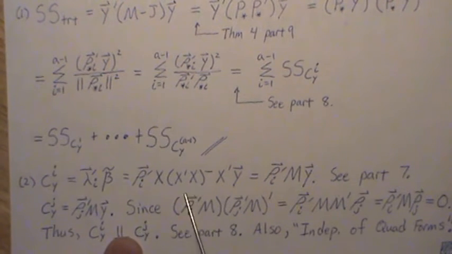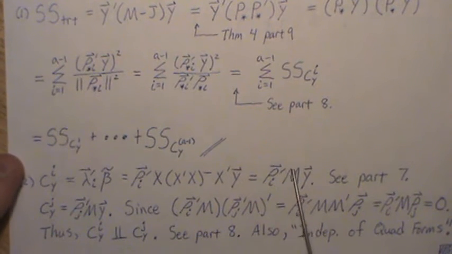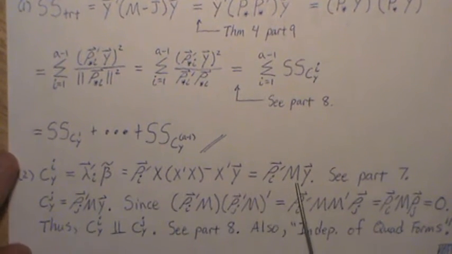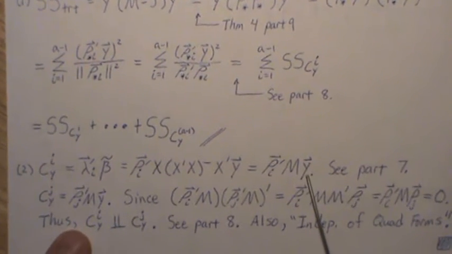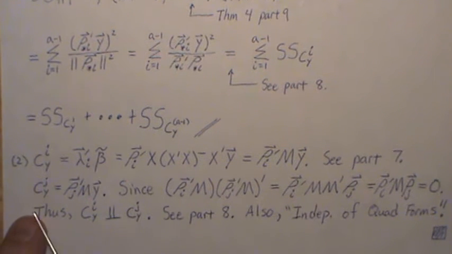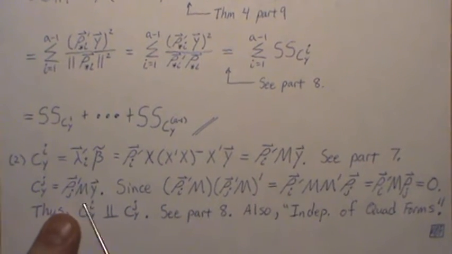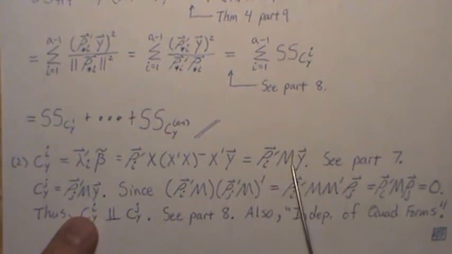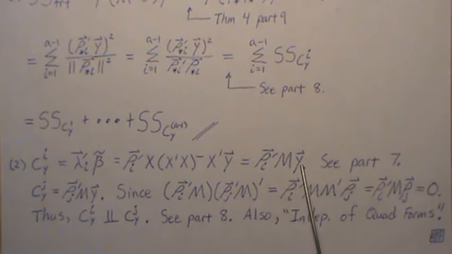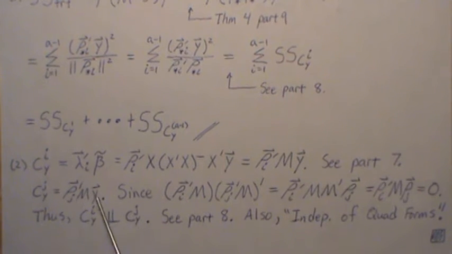Now these X's create the perpendicular projection matrix onto the column space of X, which we called M. And see part 7 for more detail for this if you need it. Then the least squares estimate of the jth contrast can be represented like this. Now, so we have a matrix times y, it's a vector times y and a vector times y.